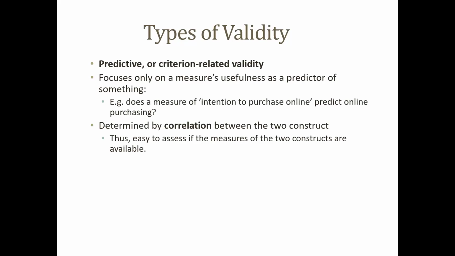So, for example, does a measure of intention to purchase online predict online purchasing? If you intend to purchase online, then it follows logically that you are most likely to engage in online purchasing. Then there should be that positive correlation between intention to purchase online and online purchasing. So when we conduct a correlation analysis between these two variables, we expect a reasonable correlation between these two constructs and that the relationship should be positive.